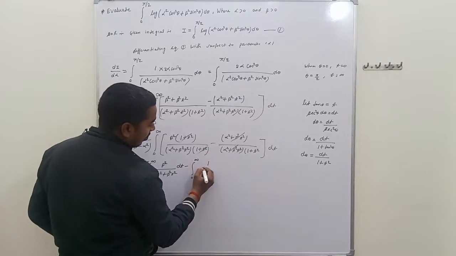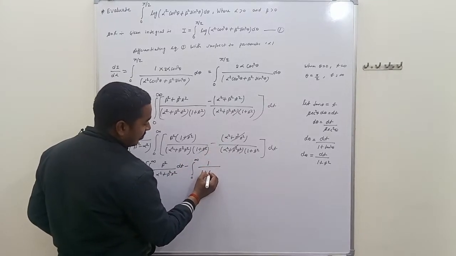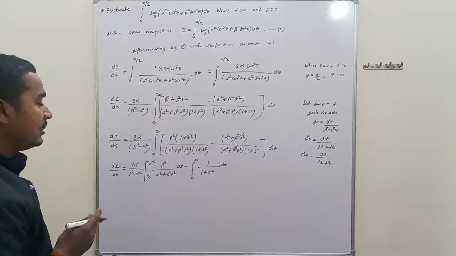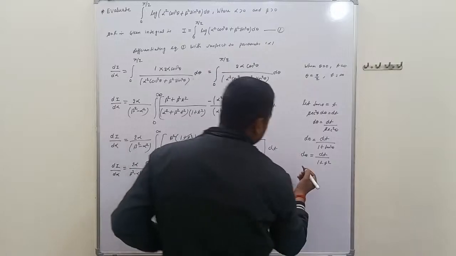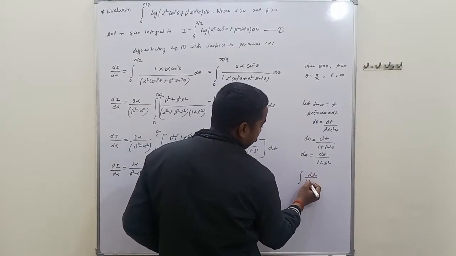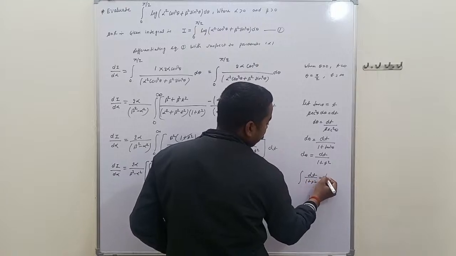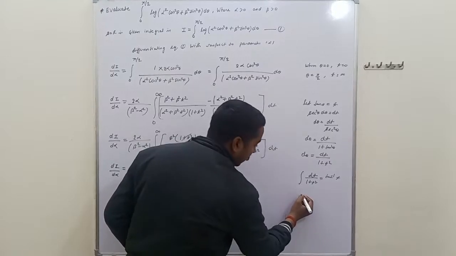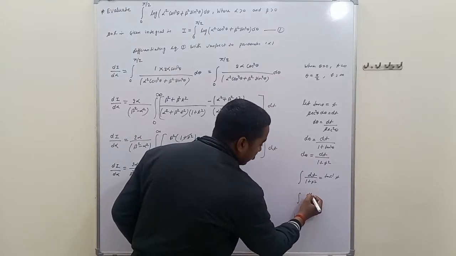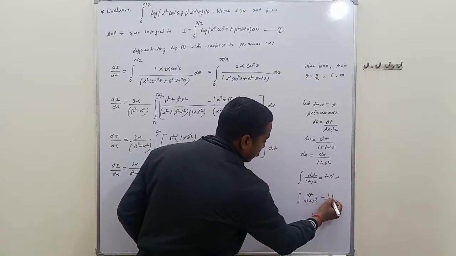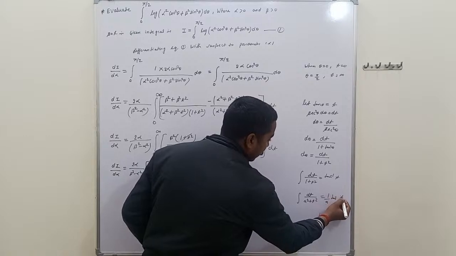of 1 upon 1 plus t square dt, and we know the following identities in integration, that is, dt upon 1 plus t square is given by tan inverse of t, and we also know that the integration of dt upon a square plus t square is given by 1 by a tan inverse of t by a.